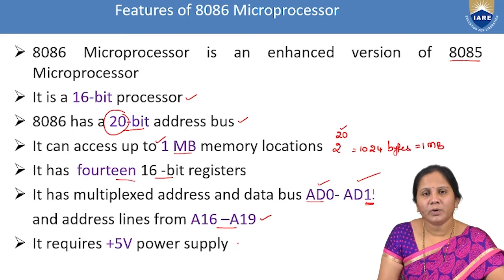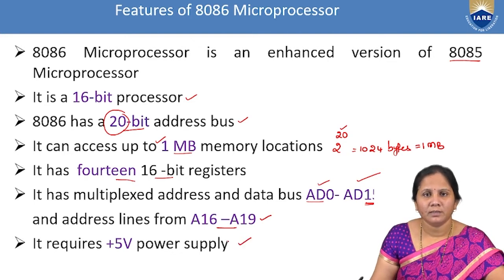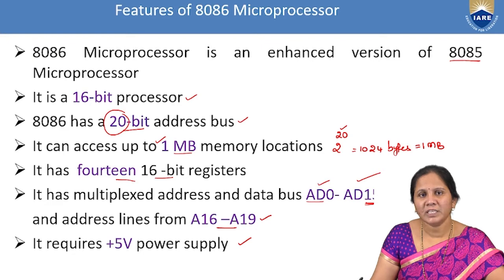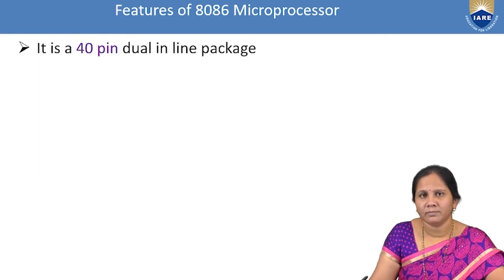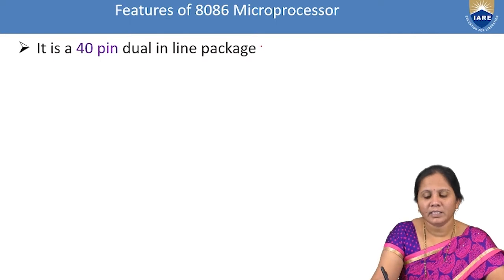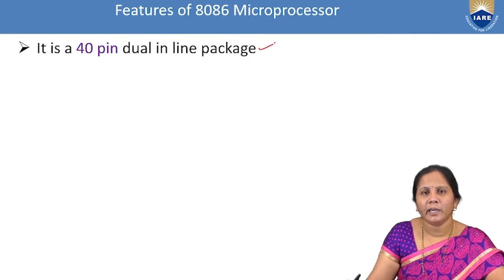Next, it requires a +5 volts power supply. So the power supply required for the 8086 microprocessor is +5 volts DC. The next feature is that it is a 40-pin IC, and all 40 pins are arranged in a dual inline package.